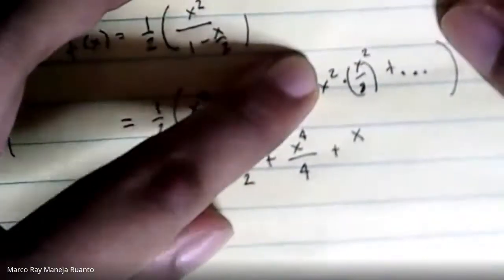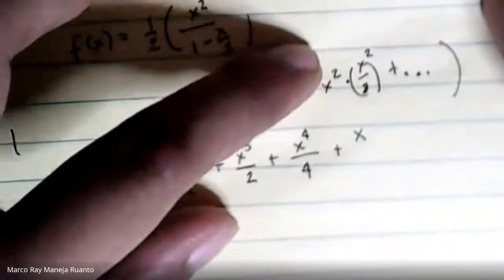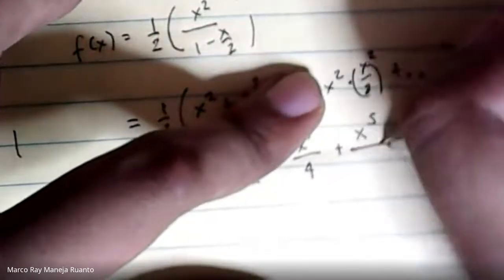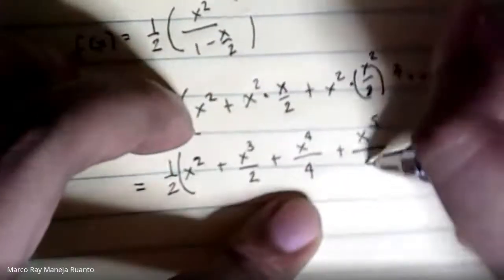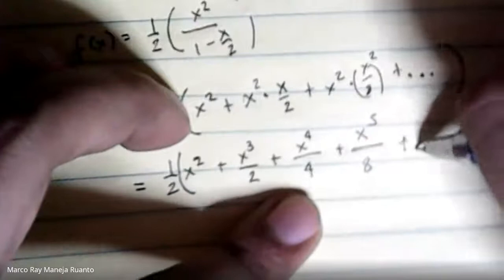So x squared times x cubed, so this becomes x to the power of 5 over 8, and so on.